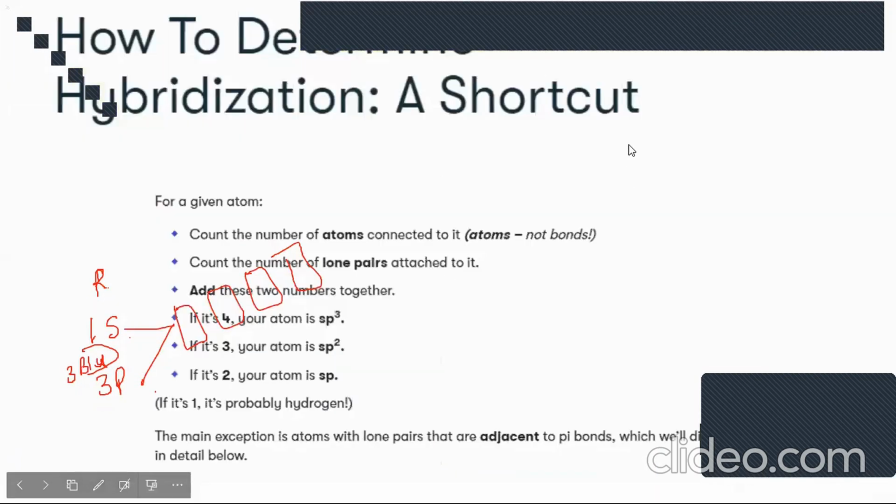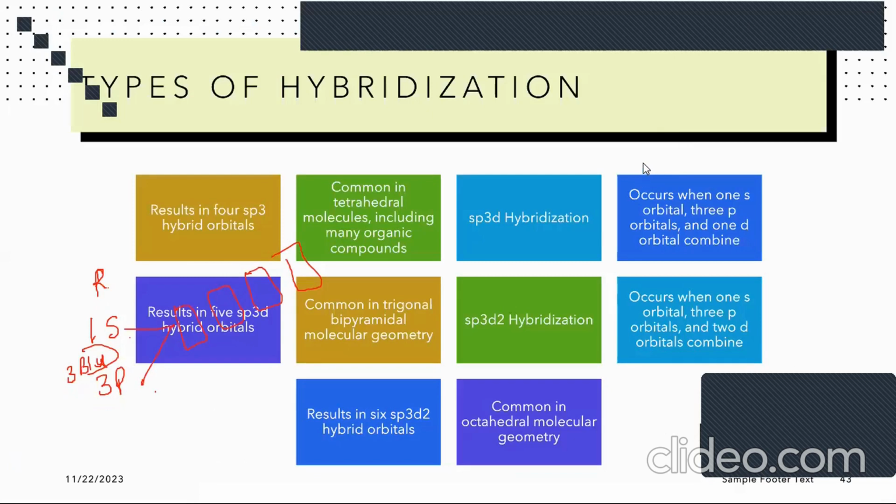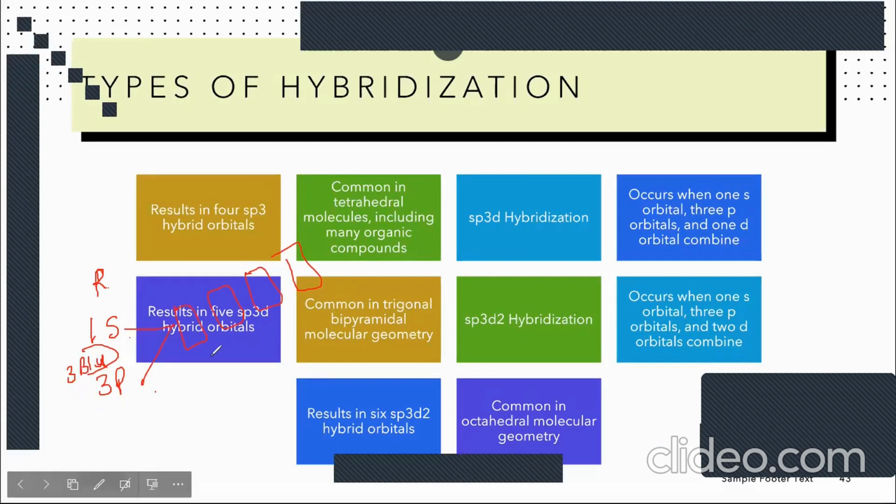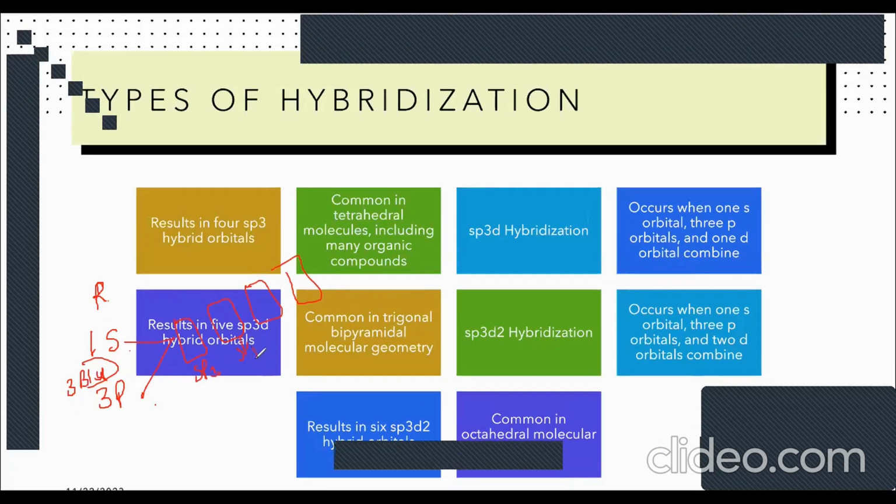Yes, sp3 hybridization results in 4 sp3 orbitals, sp3, sp3, sp3 and sp3. So 4 sp3 orbitals, which are in tetrahedral molecules. Tetra means 4, right? Now you observe the previous case.